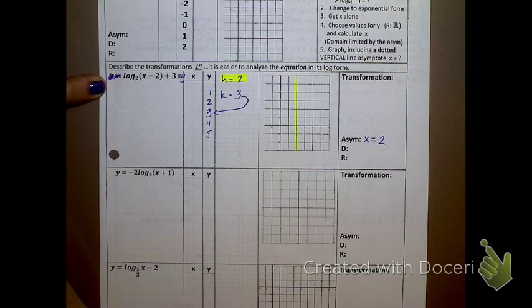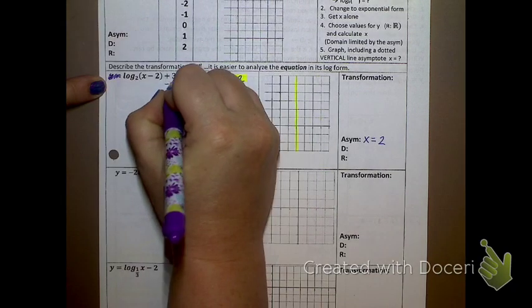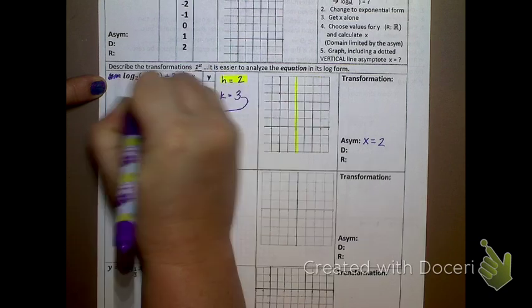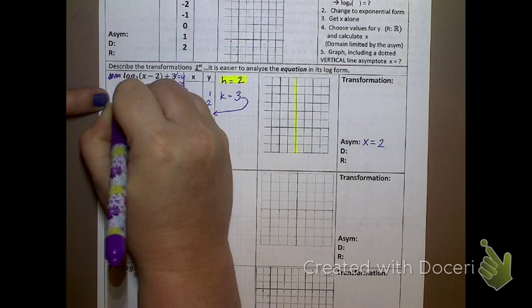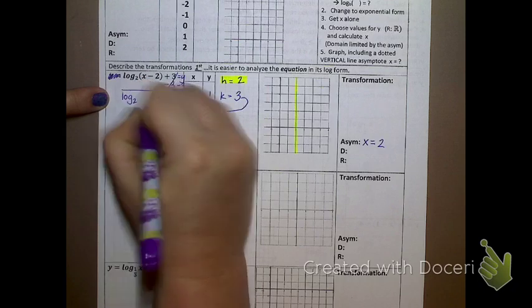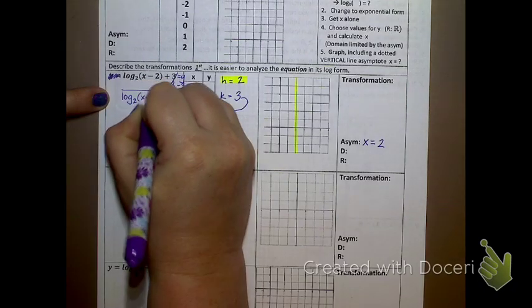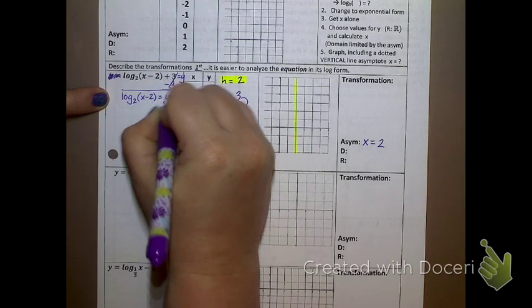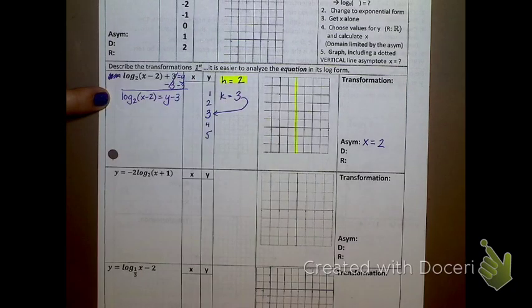Now, is my log alone? No. What do I need to do? Subtract 3. So, log base 2 of x minus 2 equals y minus 3. Now is my log alone? Yes. So I'm going to go to exponential form.